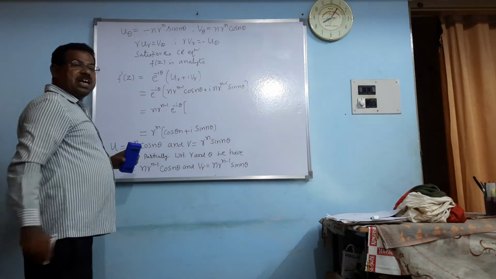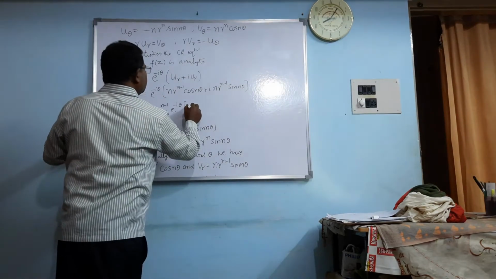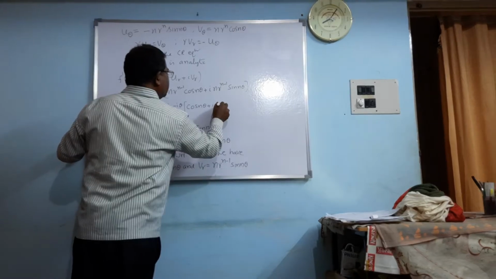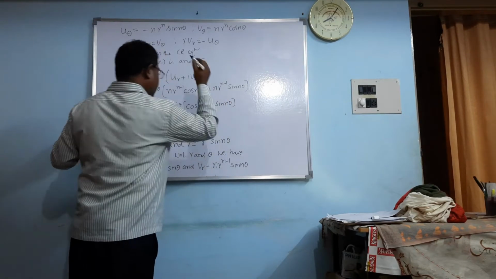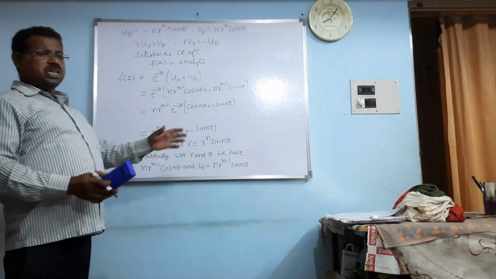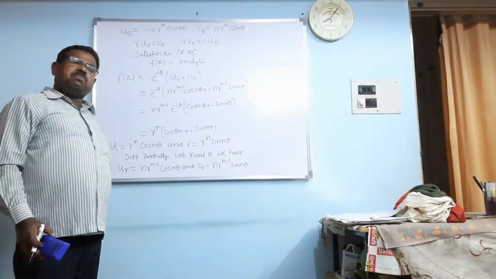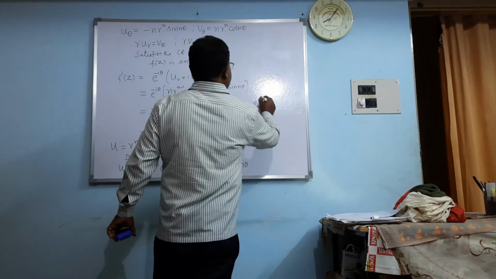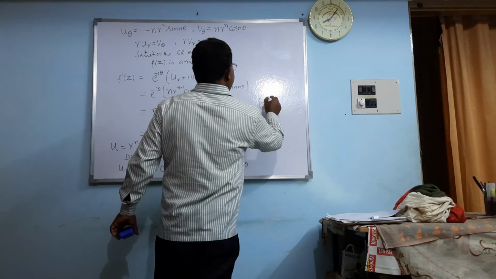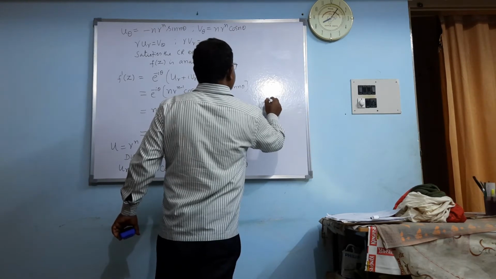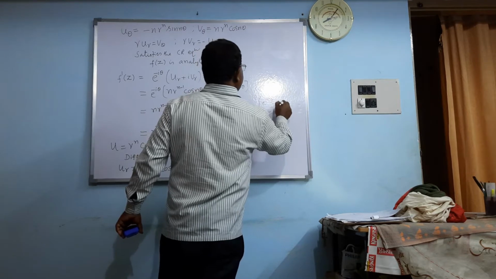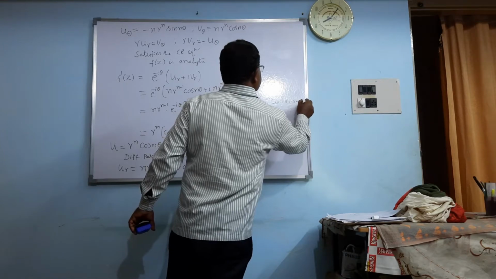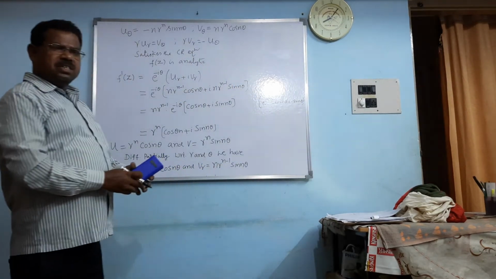The remaining part is cos n theta plus i sin n theta. Already we know that e to the power of i n theta equals cos n theta plus i sin n theta. Yes, we have already discussed this in the previous problem.